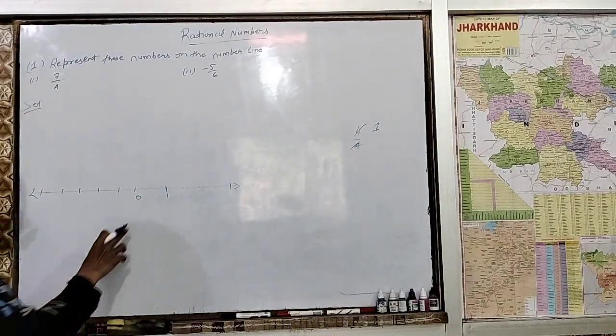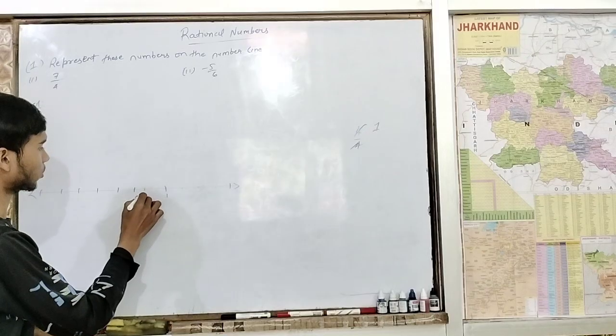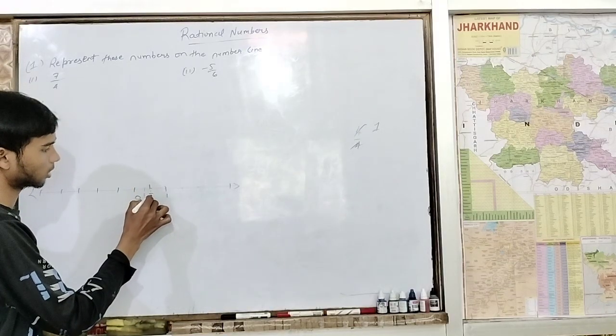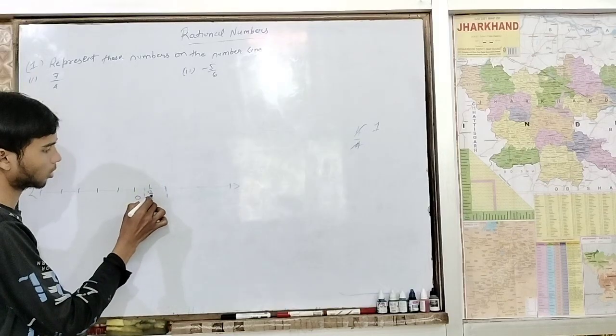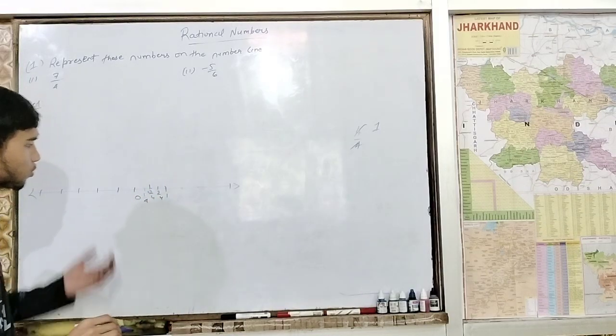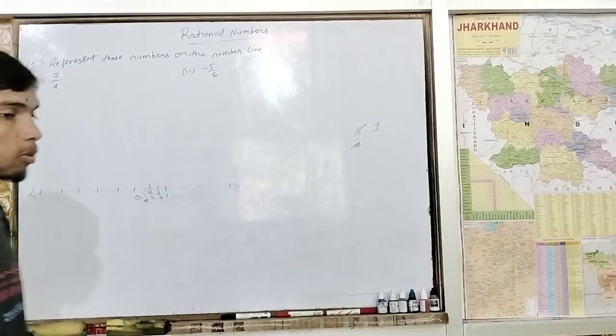If we start here, 1 upon 4, then 2 upon 4, then 3 upon 4. Here it will become 4 upon 4, and as you know, 4 upon 4 is 1.